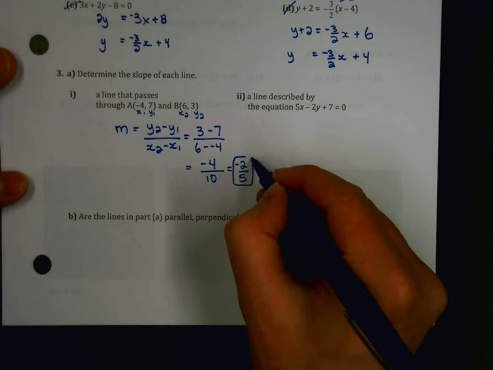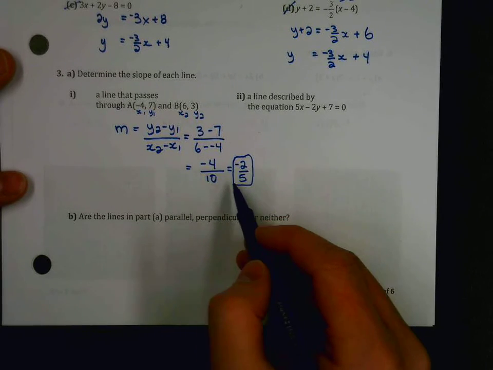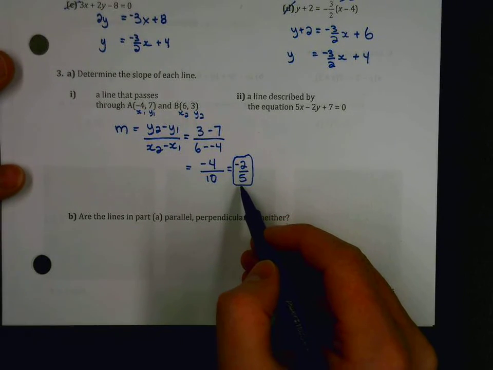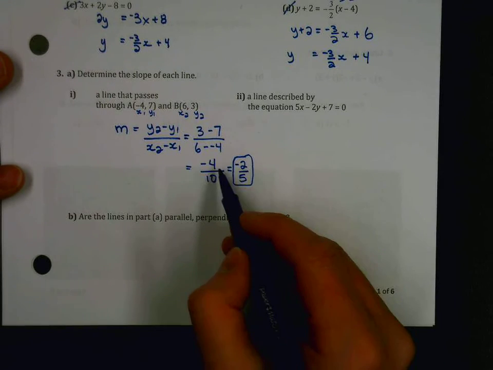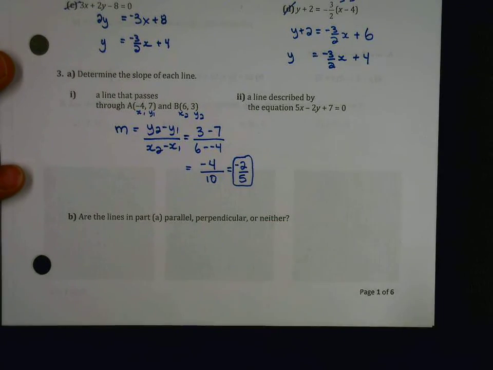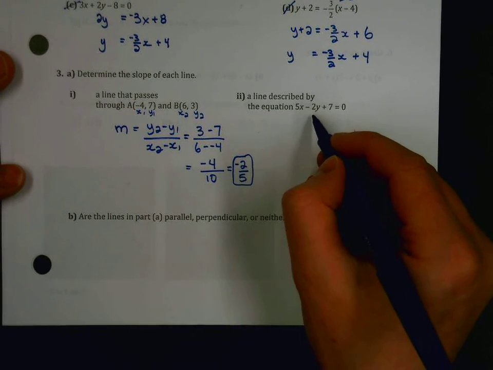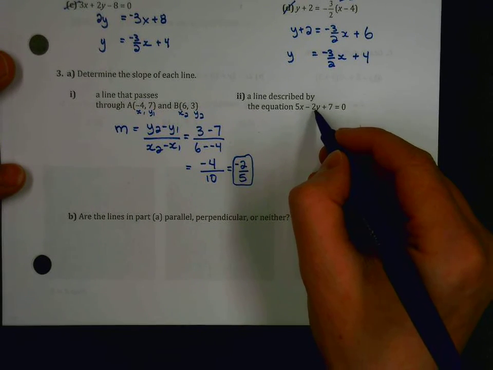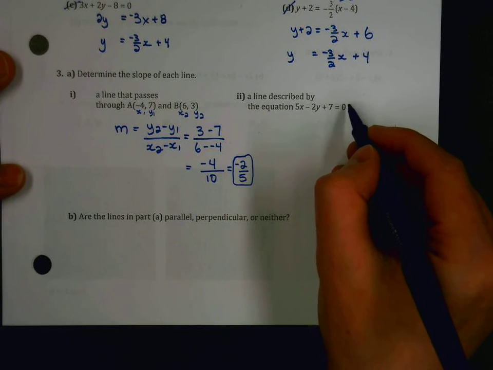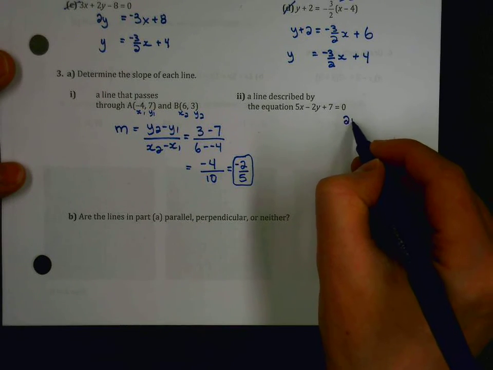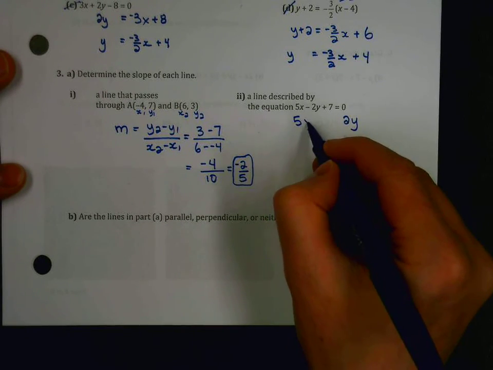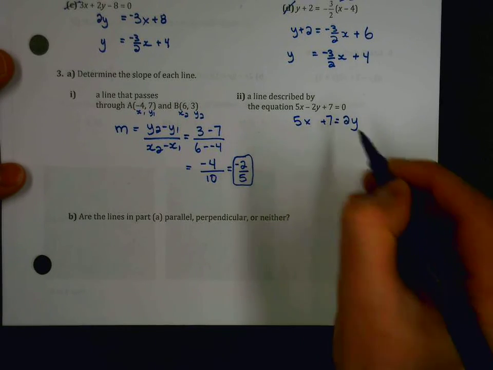Feel free to use your calculator and turn this answer back into a fraction, and it'll simplify it for you. Or divide by 2, and there's a simplified fraction. Number 2 requires a little bit of rearranging, and I'm going to add the 2y over to this side with the intent of seeing this in slope-intercept form.